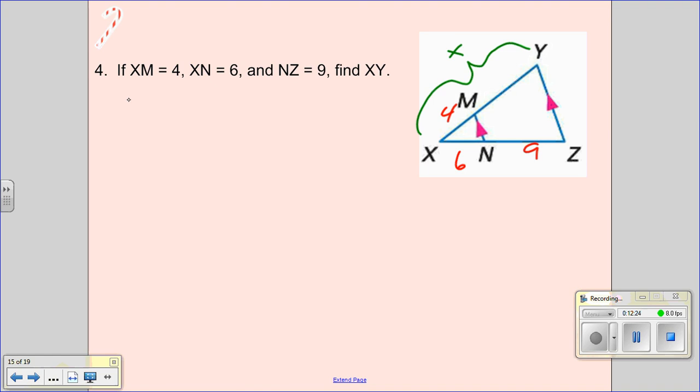So separate the 2 similar triangles, which would be XMN with XYZ. So again, since these are parallel, you have some congruent angles.